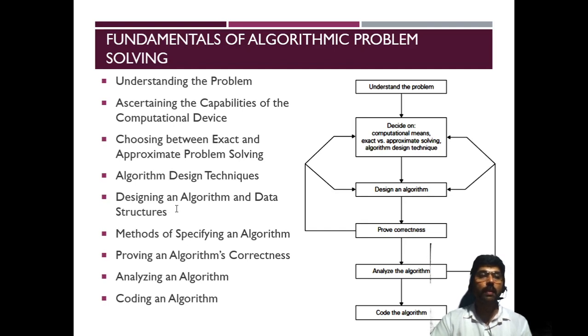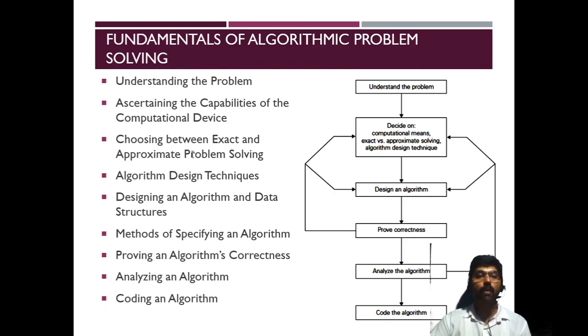The next one is proving an algorithm's correctness. Designing an algorithm is not sufficient. We have to check whether it is working correctly or not. You have to prove that the algorithm yields the required result for every legitimate input in a finite amount of time. That is the important point we have to remember.